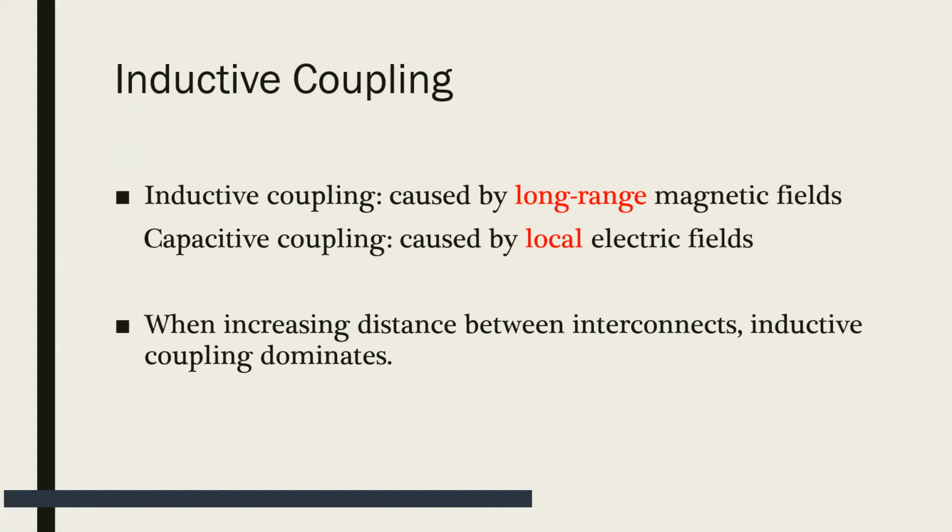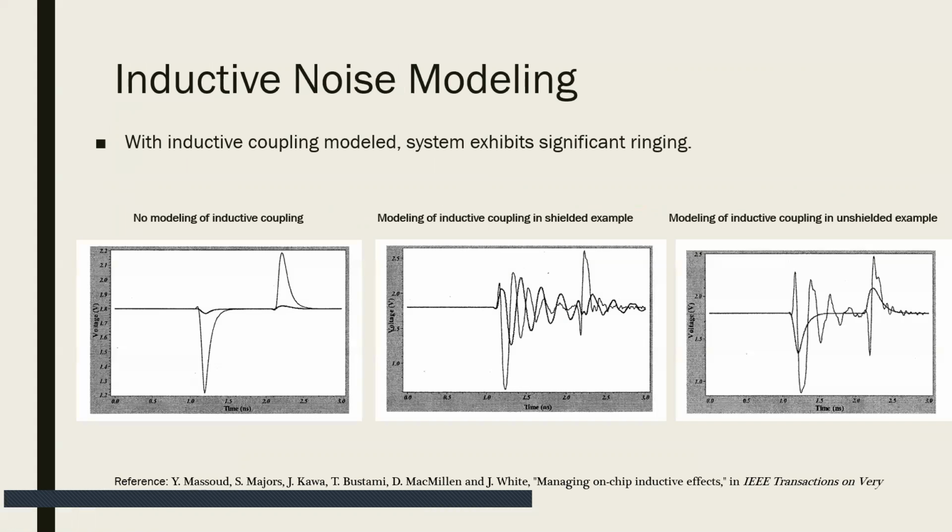Then at the same time, inductive coupling would dominate the EMI effect. This slide shows the modeling of inductive coupling. On the plot to the left, which includes no inductive coupling, we can see that the curve is very smooth.